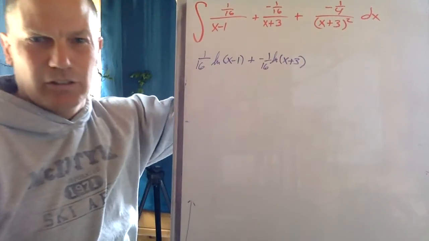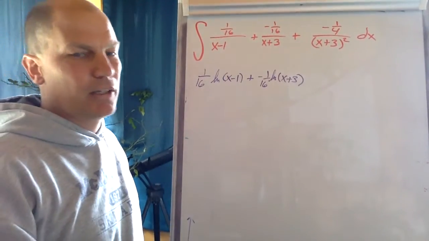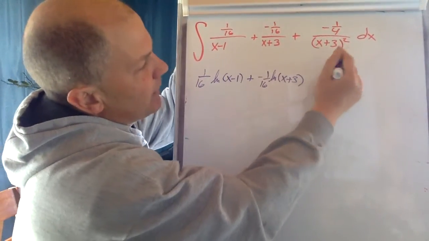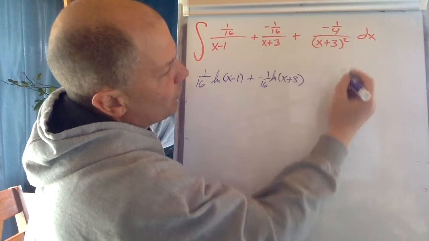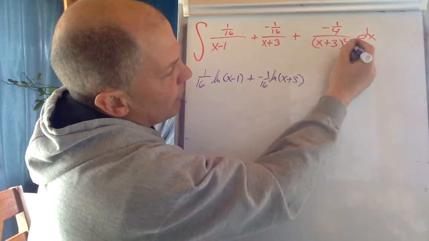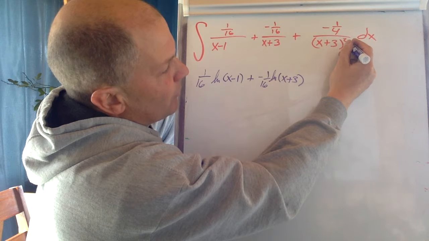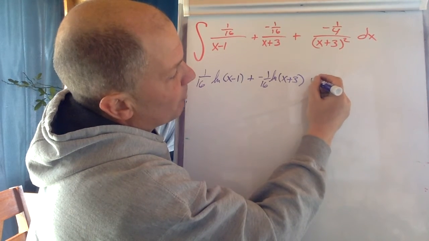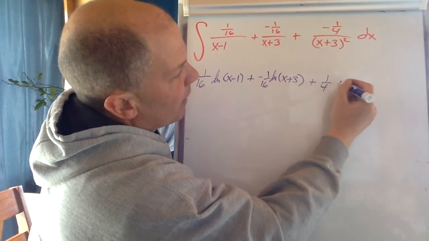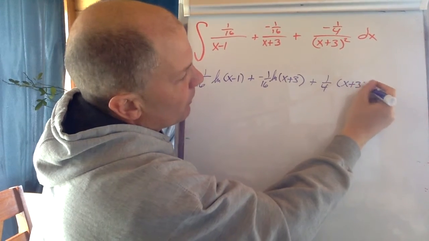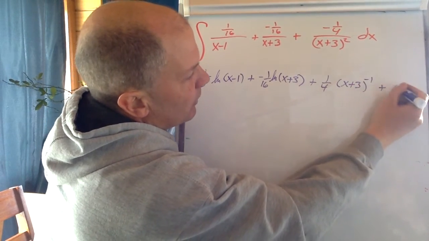This term might look tricky, but it's actually super easy. This term here, if we look at this as a power of negative 2, this actually becomes plus 1/4 times x plus 3 to the minus 1.